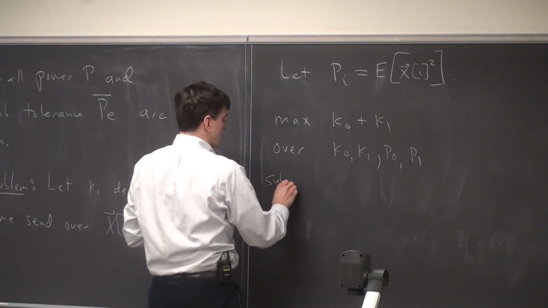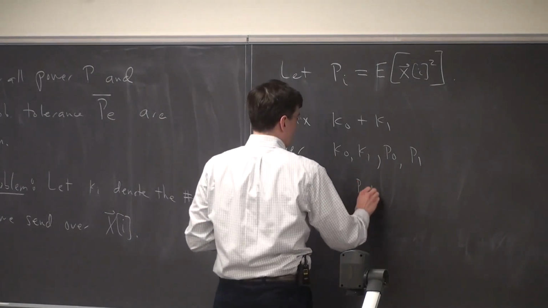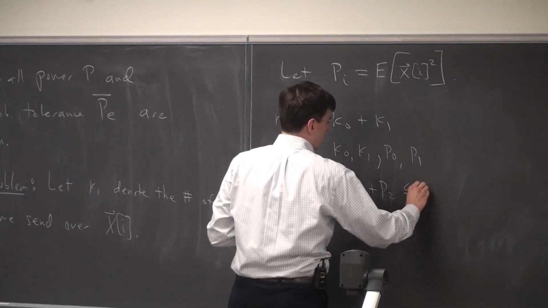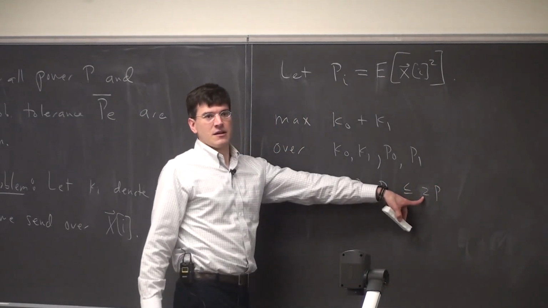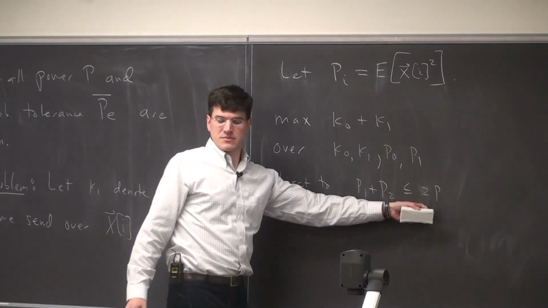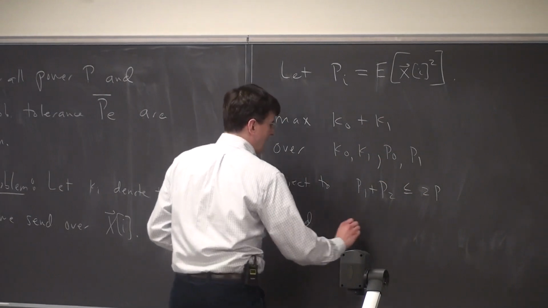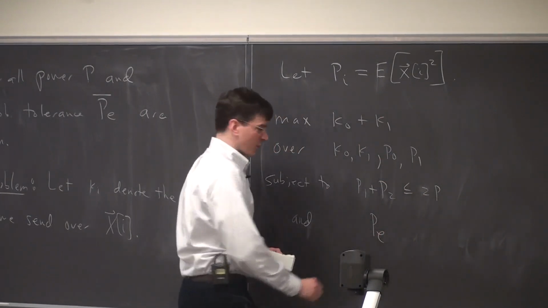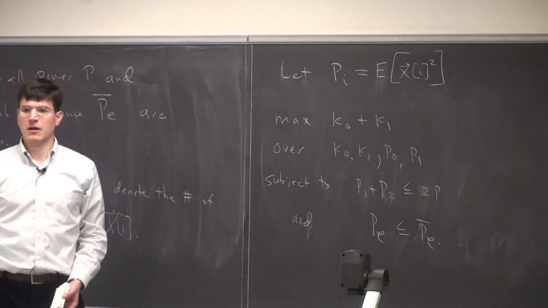Then we have constraints. Subject to the following constraints: P0 plus P1 is upper bounded by 2P. This is the n here; the 1 over n in the power constraint becomes 2P. And the overall error probability of the system is upper bounded by this error probability tolerance, P bar.